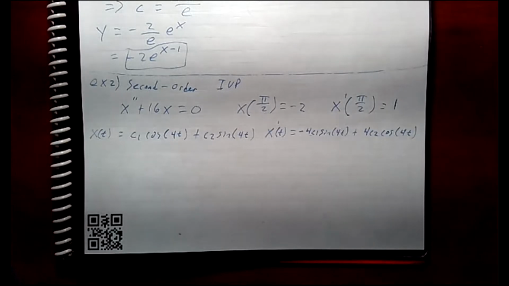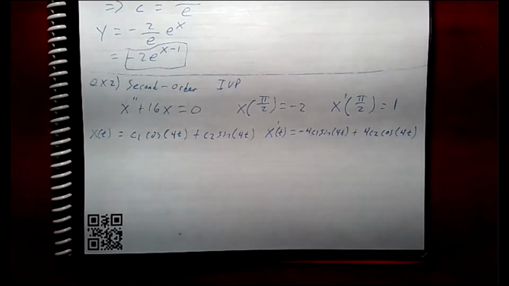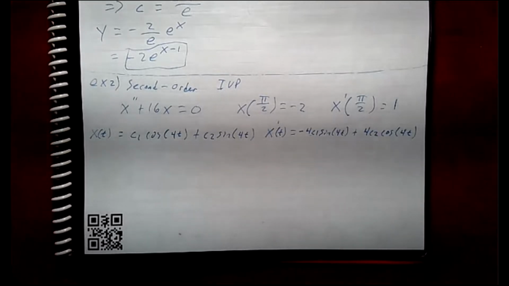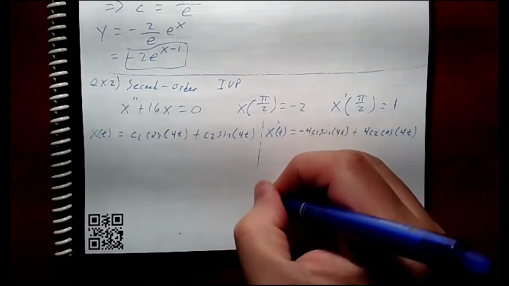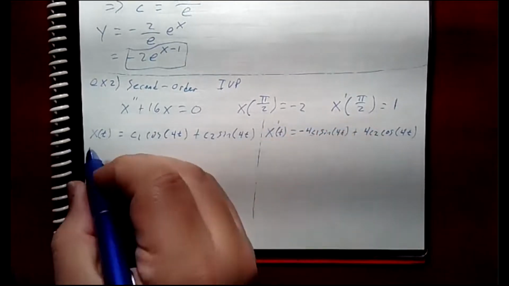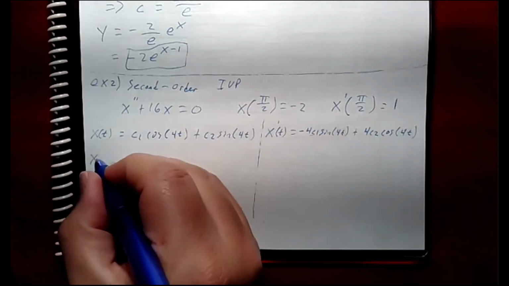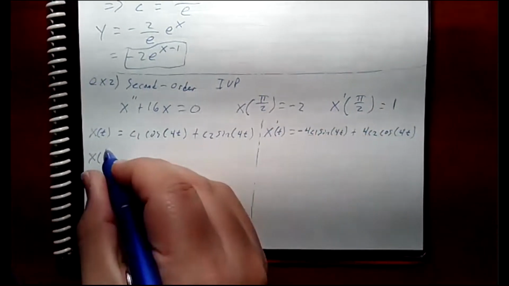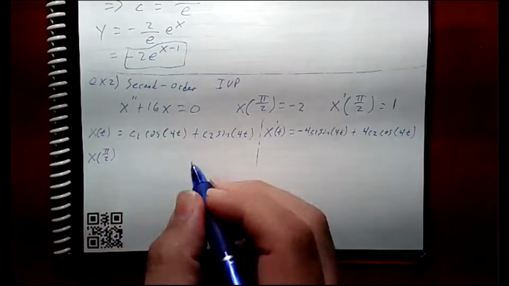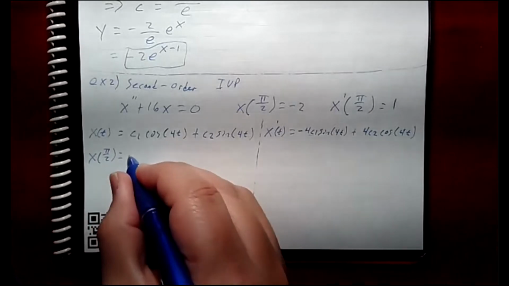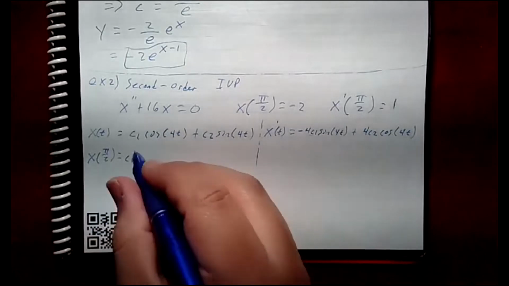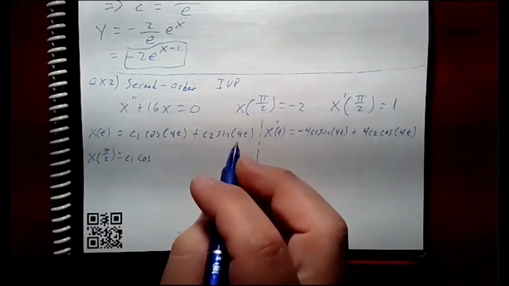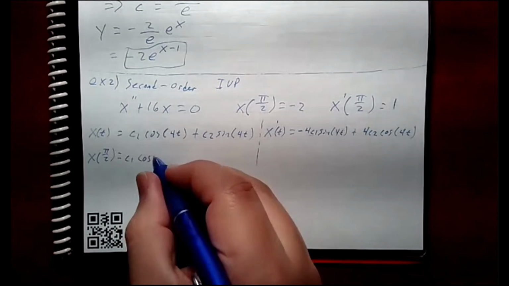Okay. So now we will use the initial conditions to solve for C1 and C2. I'm going to try to separate this. I'm going to do two pieces at the same time. X of pi over 2 is going to give me C1, and 4 times pi over 2, that's going to be 2 pi, right?